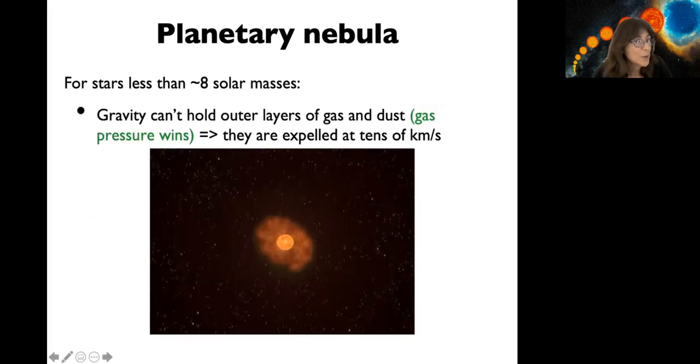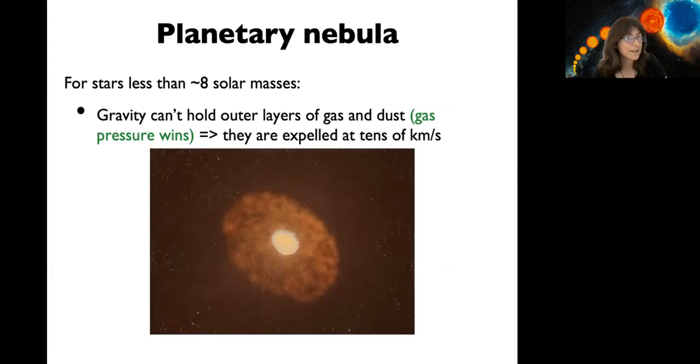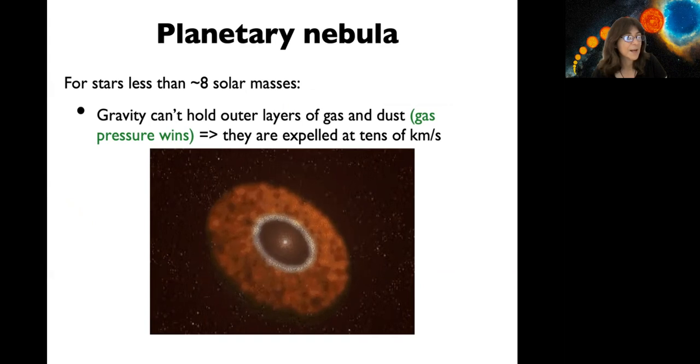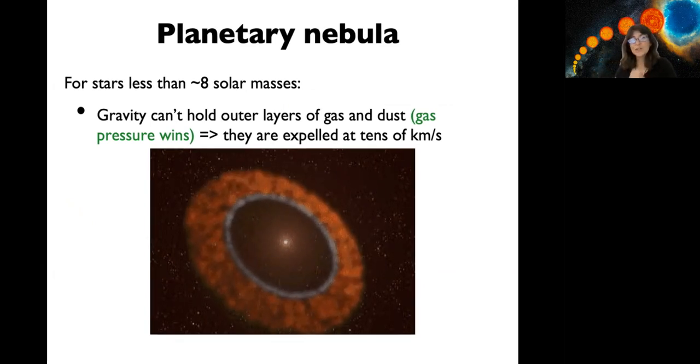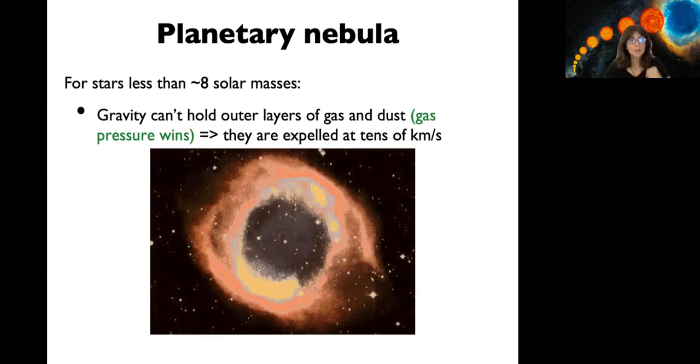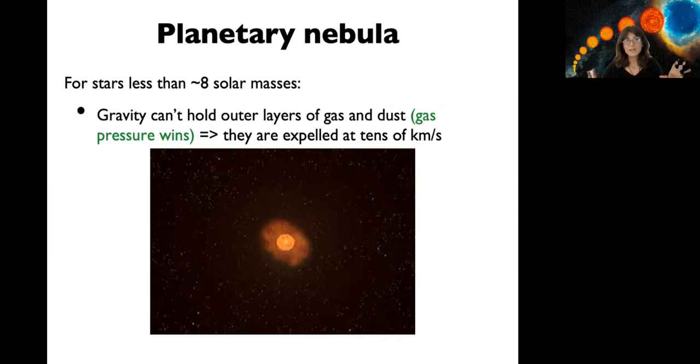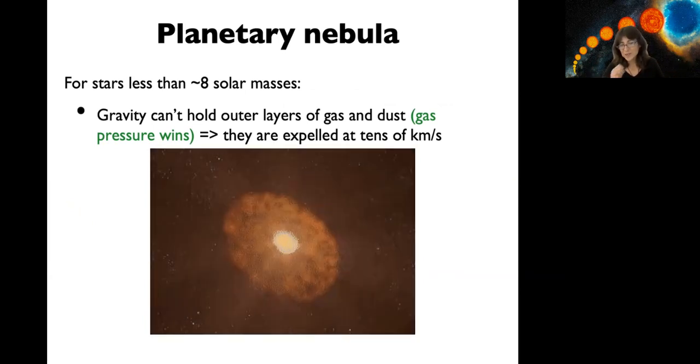More questions. So why is it then when there is fusion in the core, gravity can hold the outer layers? The reason is the gravity is the same, right? Well, no, actually it's not.